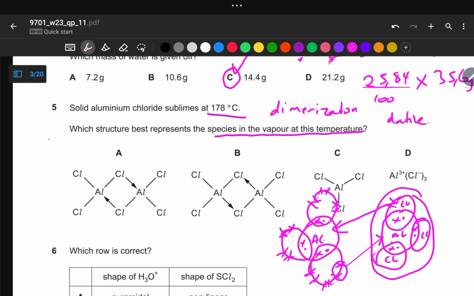So you need to know that electrons are transferred from the chlorine atom of one aluminium chloride molecule to the aluminium atom in the next molecule, and the other chlorine atom will donate electrons again to that central atom. So here the chlorine atom provides electrons to this, and this chlorine atom provides to this one. So this one is true, and here we have aluminium donating electrons to chlorine, which is false.